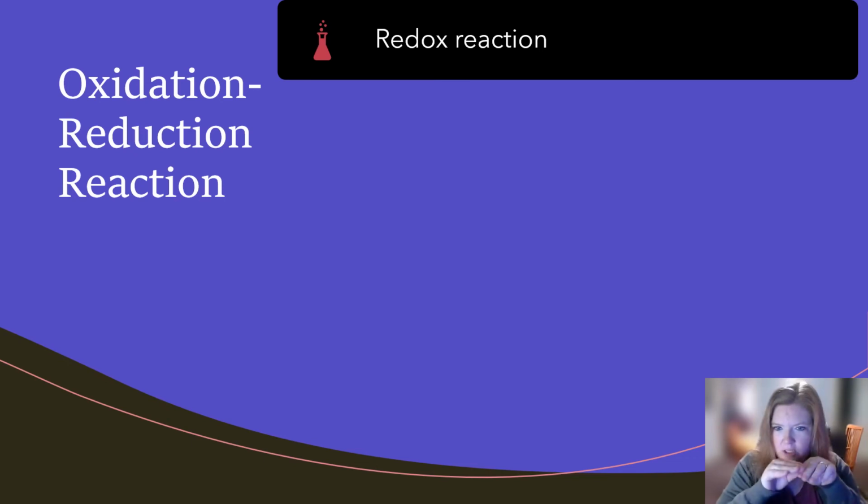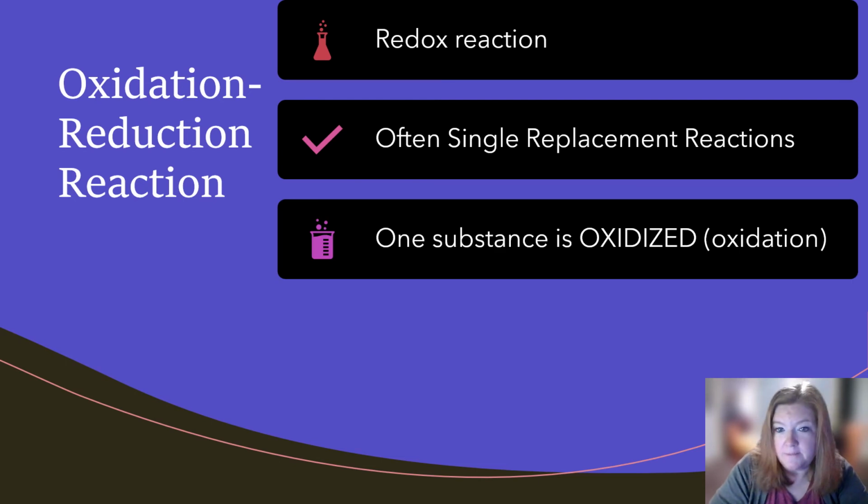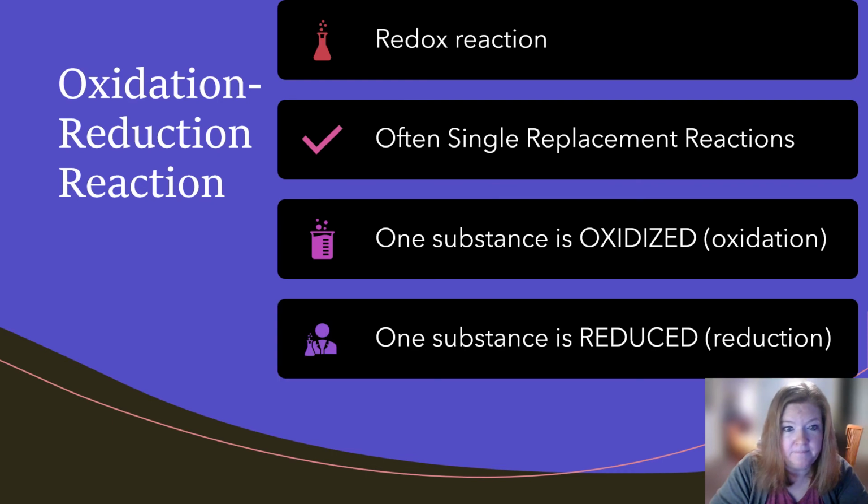Reduction with oxidation. Okay. They're most often single replacement reactions, so remember those when you have a single element on both sides. One substance is oxidized, goes through oxidation. One substance is reduced, goes through reduction.